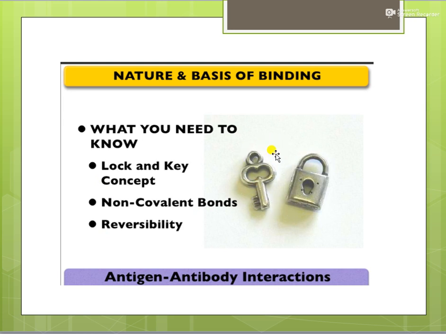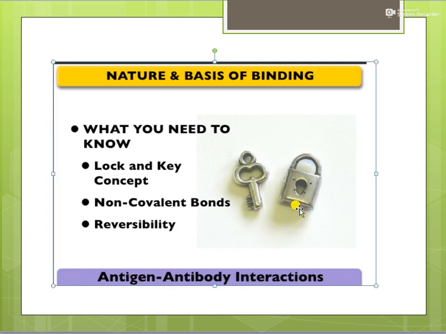So if you consider this key as an antibody, and this as an antigen, the antigen antibody reaction has a lock and key mechanism, and it is reversible in nature. That is, sometimes you can find the antigen and the antibody reacting, and sometimes it can be reversed also.